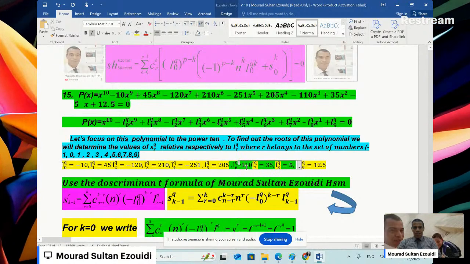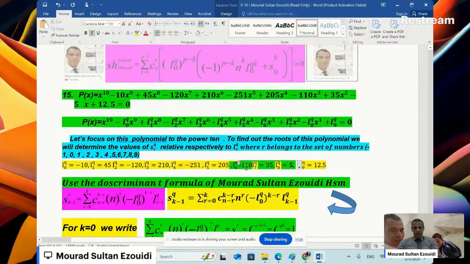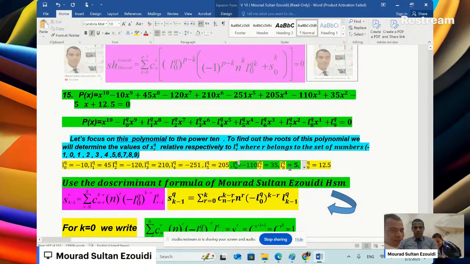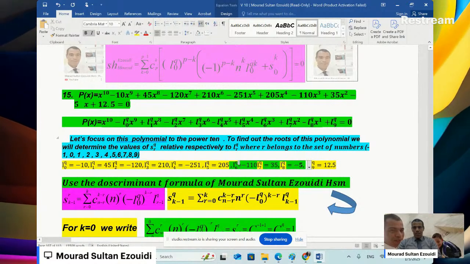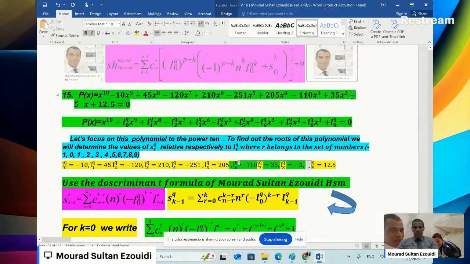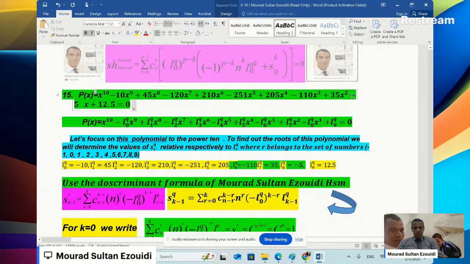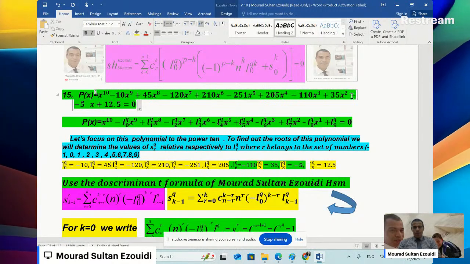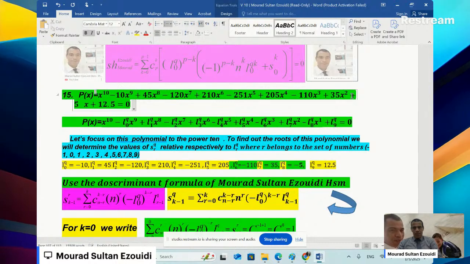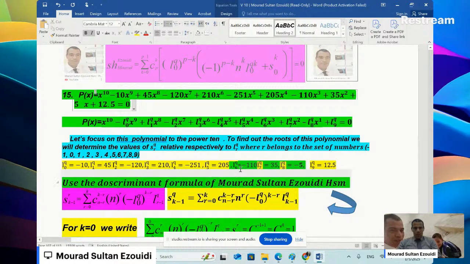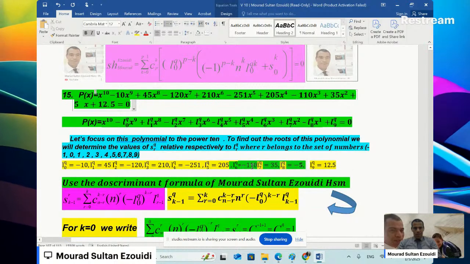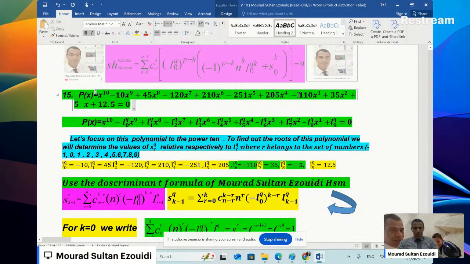This is negative 110. This is negative 5. I'm going to change these. So this one will be positive 5. Erase the negative sign. We told L6 is negative 110, so it would be positive 110.